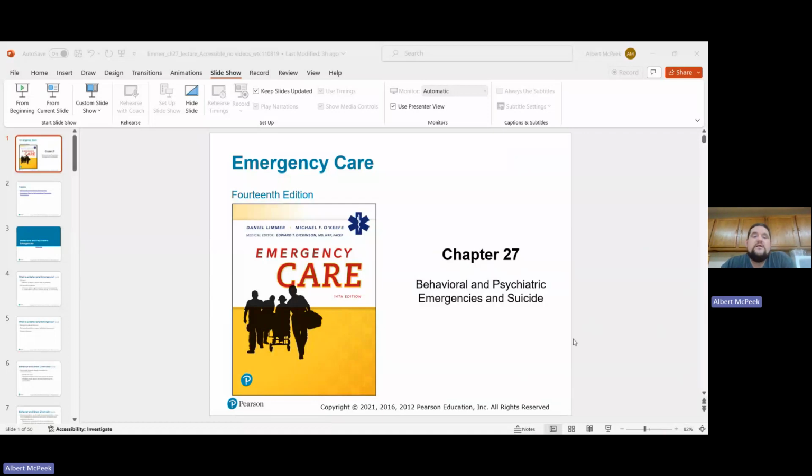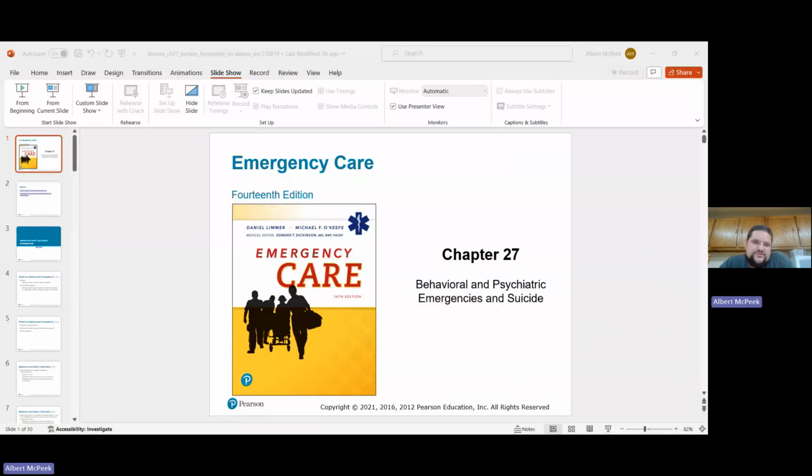A lot of these patients require long-term help, but how you handle yourself can be crucial for the patient's continued well-being. Okay, remember, safety is the first priority. Psychotic and behavioral emergencies are prevalent in our society. EMTs should treat them as they would any other potential life-threatening disorder.